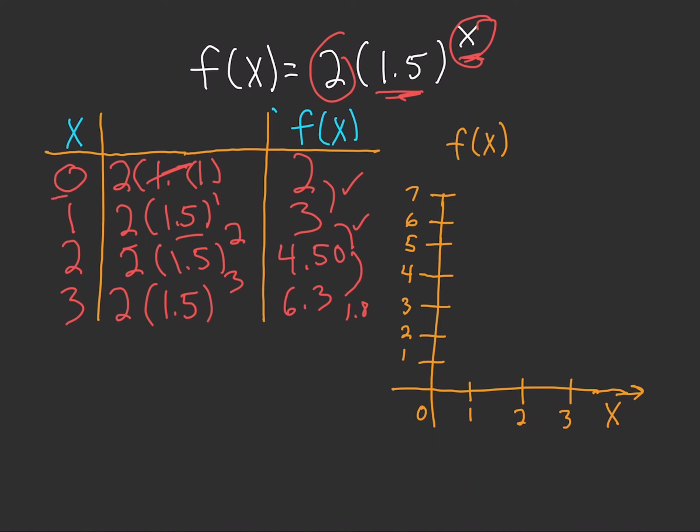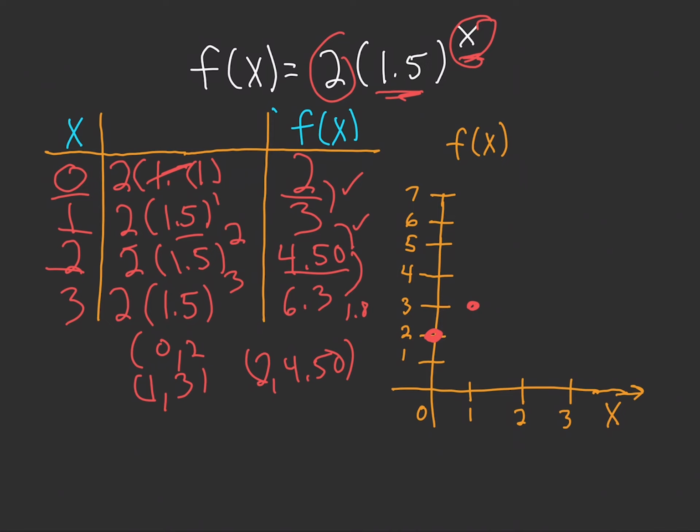So 0 for x, and the f of x, or the y here, is 2. So that's a coordinate of 0, 2. Let's put that in here. When I got a 1 for x, I got a 3 for y, so 1, 3. Then when I did the 2 for x, we got a 4.5, so 2, 4.5 is the coordinate there.